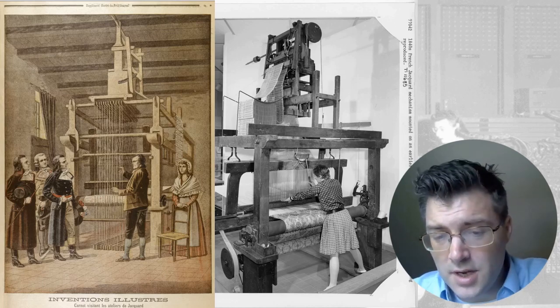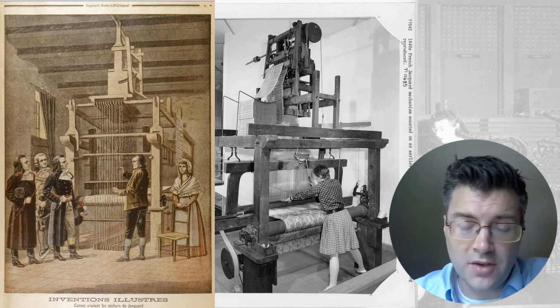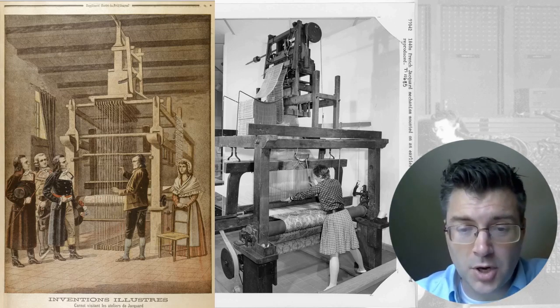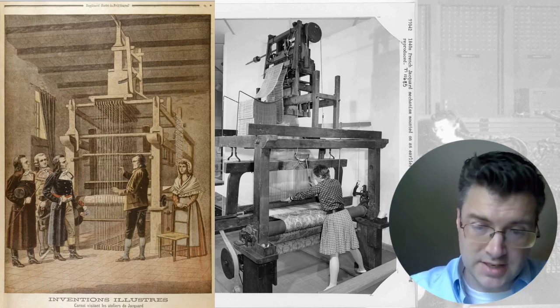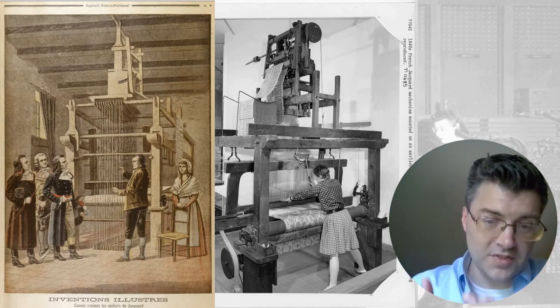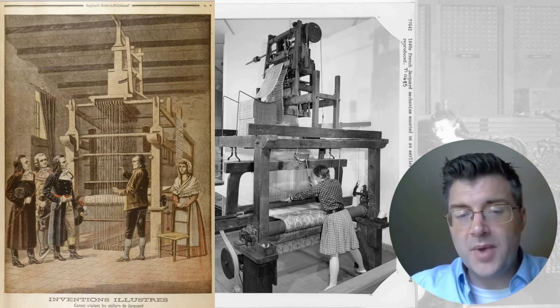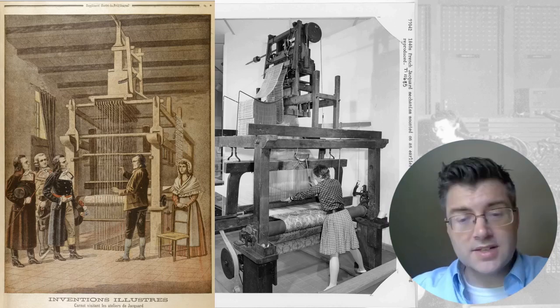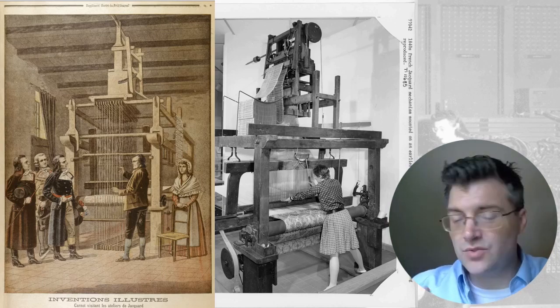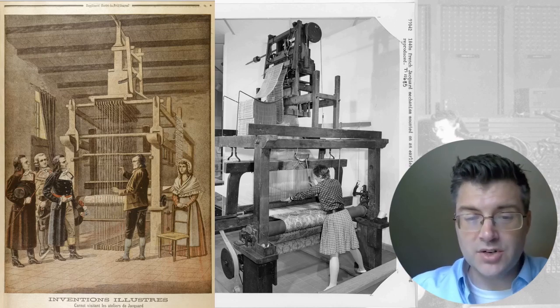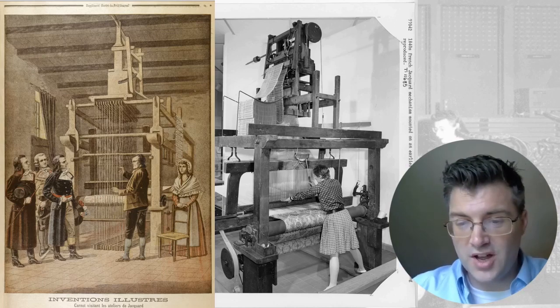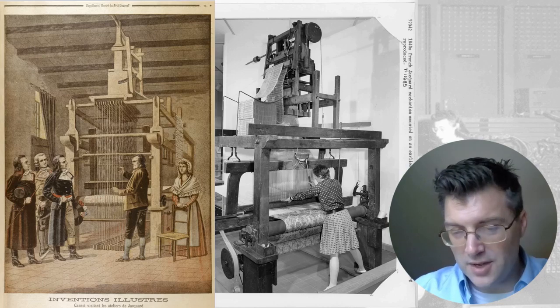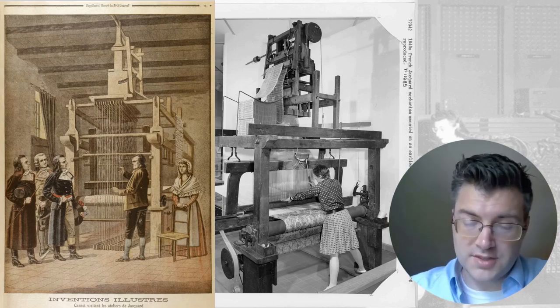Now, I've gone into such detail about the Jacquard loom, of course, only to give some context for this idea of punched cards. Babbage's idea with the analytical engine was to basically communicate to the machine what processes it was supposed to carry out, and for instance, when it was supposed to take material from the store to the mill and vice versa, through the use of punched cards in the same way.